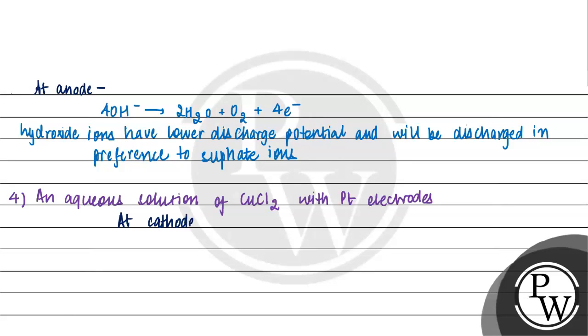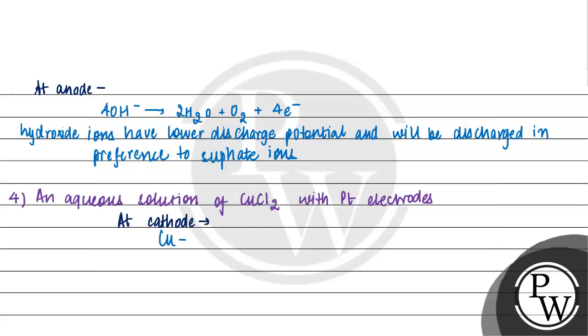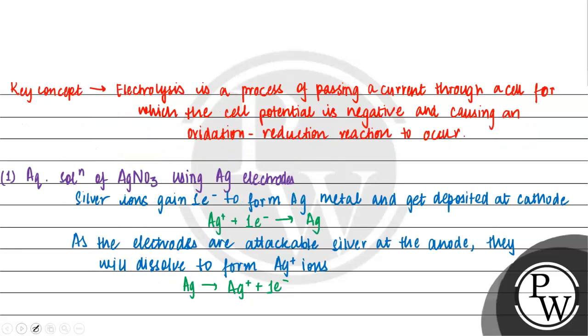At cathode जो हमारी reaction which is occurring is Cu2 plus 2 electrons gives Cu, and at anode जो हमारी reaction हो रही है it is 2Cl negative gives Cl2 plus 2 electrons. So this is the reaction which is occurring at cathode and anode respectively.